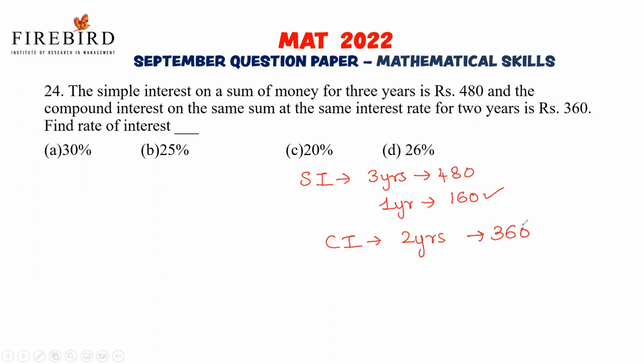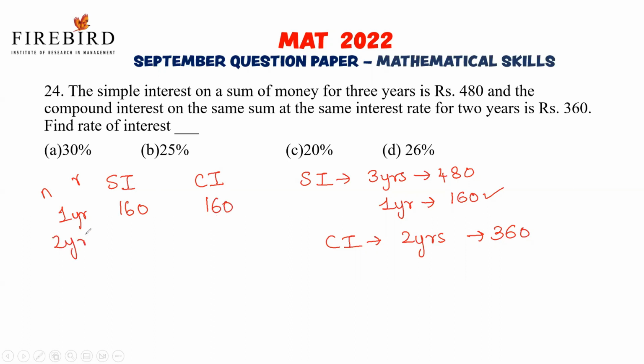Keep it in mind that if you take the same principal and calculate simple interest and compound interest for n years at r percent, the interest for the first year will remain the same. Here we know that for 1 year the simple interest is 160, and for the same principal and the same rate of interest, the compound interest is also 160.